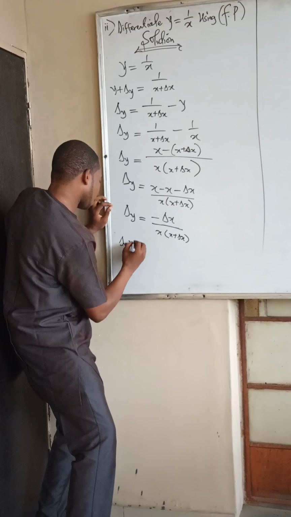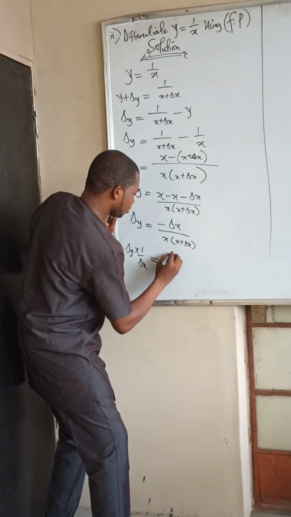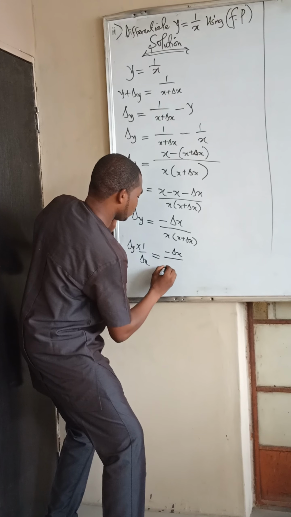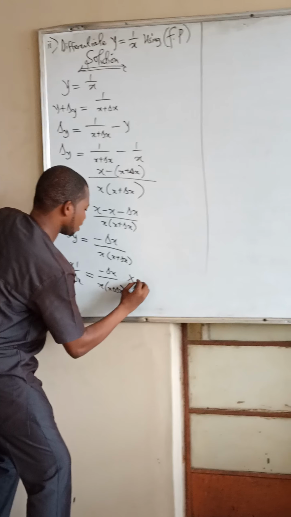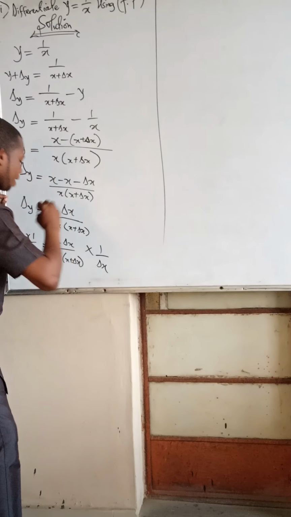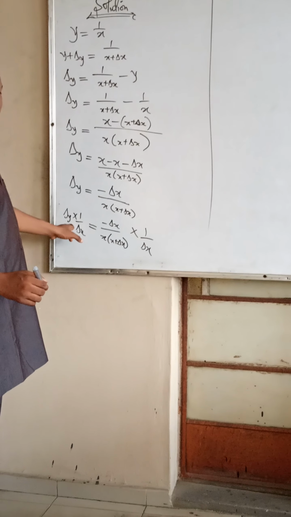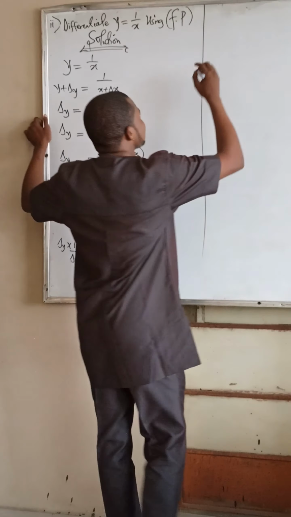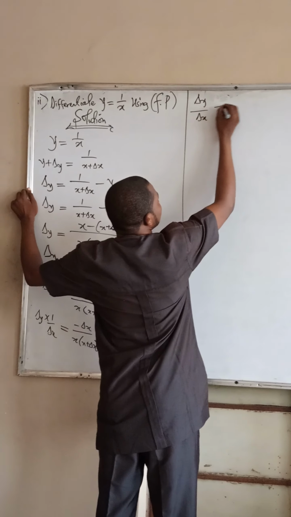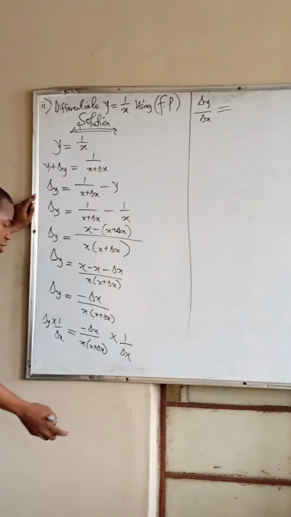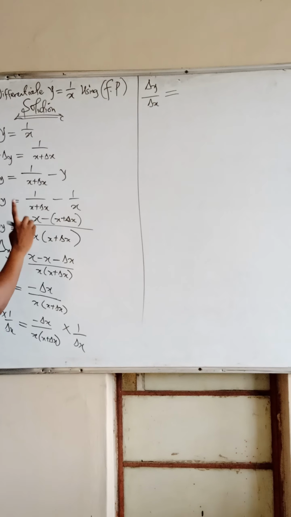So from here, I'll have change in y times 1 over change in x is equal to minus change in x over x, and minus x plus change in x times 1 over change in x. So change in y times 1 over change in x gives us change in y over change in x is equal to, you can see change in x is up, the numerator.